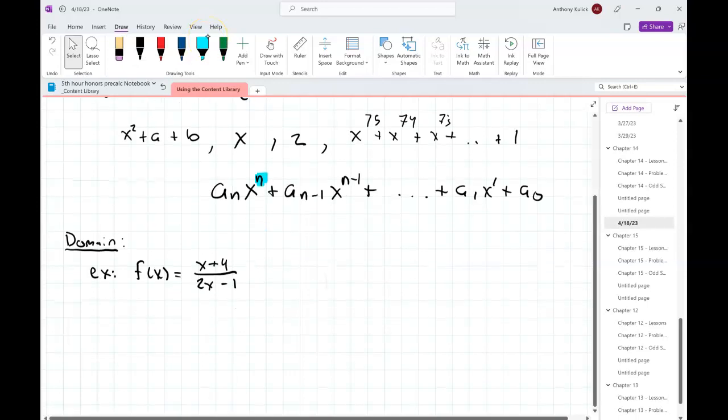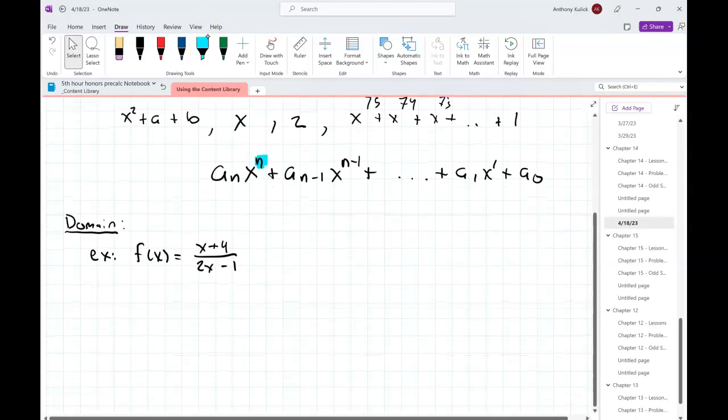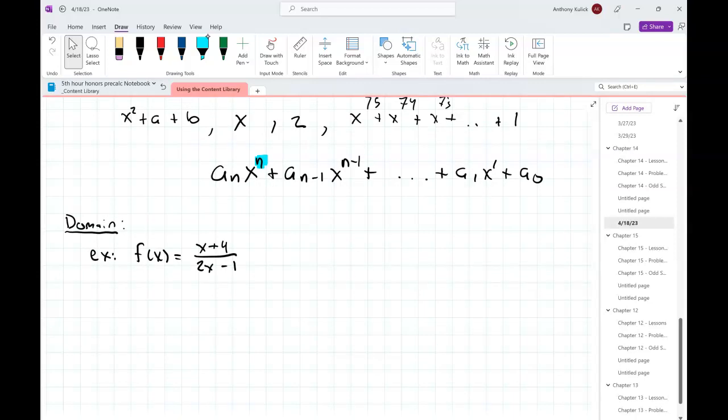So when it comes to a rational function, the operations going on here are like addition, subtraction, multiplication, division, right? Of those 4 operations, which is the only one that can give us a problem in terms of a domain situation? Division, great. Why? What kind of division would cause a problem? If we're dividing by 0.